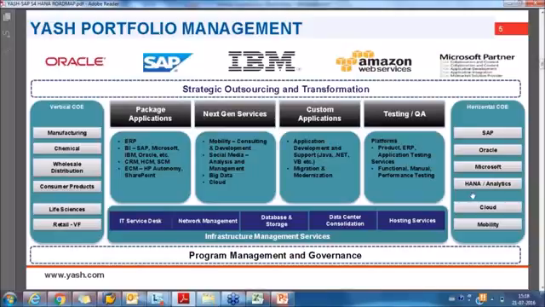HANA and Analytics are the next generation ERP products from SAP. So we have a separate vertical and horizontal for HANA and Analytics. Mobility and cloud are also our service offerings. When it comes to the service offerings, we have end-to-end things like infrastructure management services.